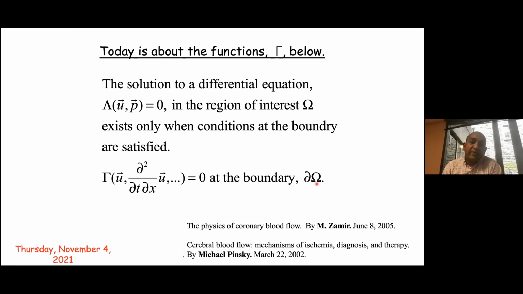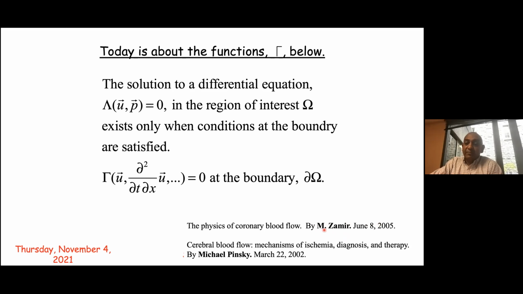Now, if anyone wishes to further investigate how the physics of blood flow works, our own Meyer Zamir has written a massive book back in 2005, and that is still exceedingly relevant.